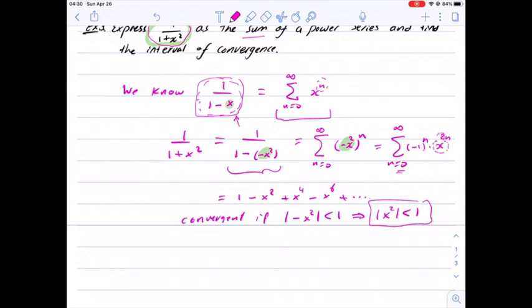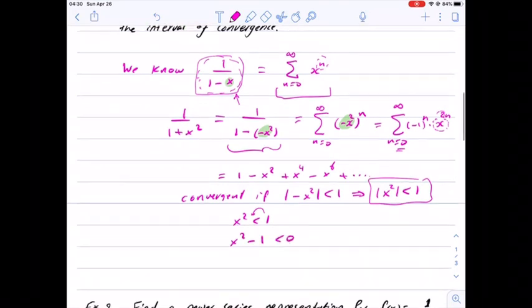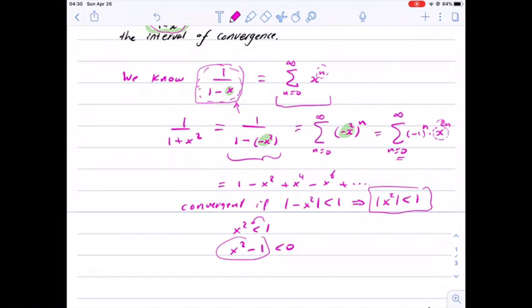So we write this as x squared less than 1, and then bring this to the left hand side, you get x squared minus 1 less than 0, and then study the left hand side. So we have x squared minus 1 equals 0, and then try to find the zeros of this. The zeros are plus or minus 1. Put them on the number line and study the sign of the left hand side. So if we choose a value greater than 1, like 2, plug it here, you get a positive value.